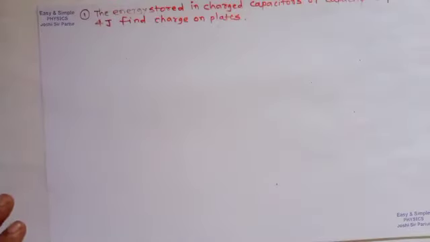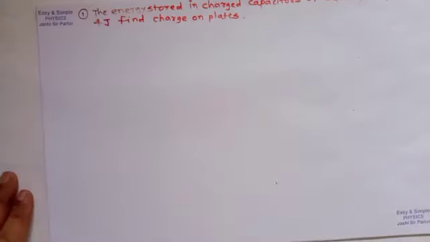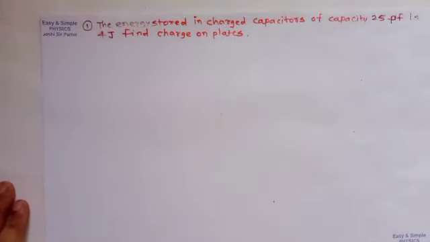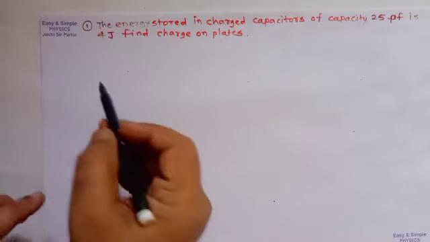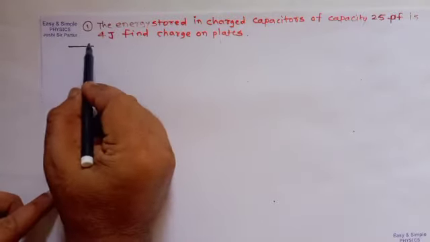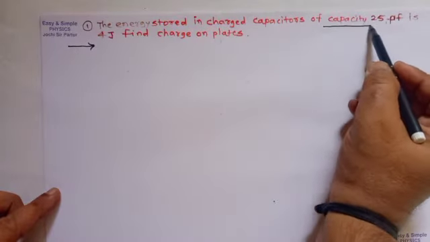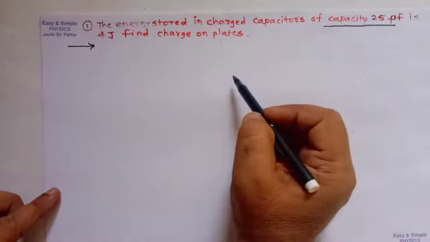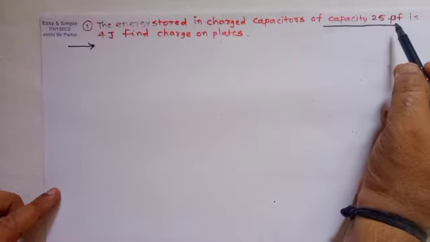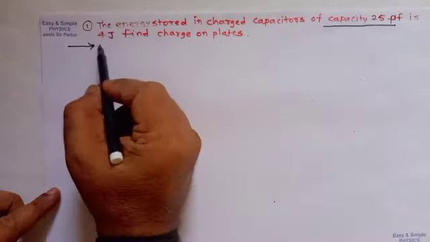So first of all, we want to solve the first example, that is: the energy stored in a charged capacitor of capacity 25 pF or picofarad is 4 joule.